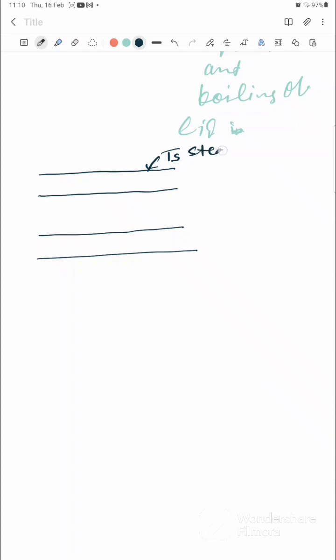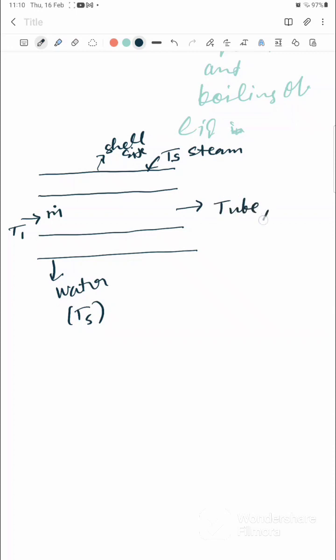We know that for steam passing in a tube, Ts steam shell side, T1 temperature entering, m dot is a mass flow rate, water Ts, tube T2, temperature at point 2.